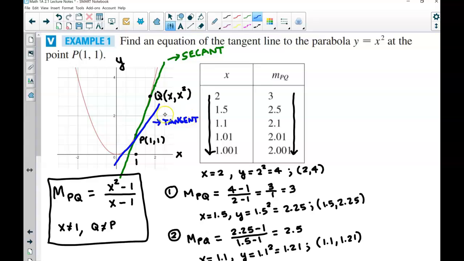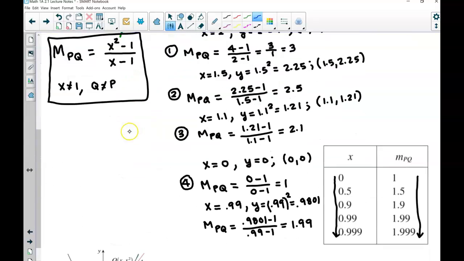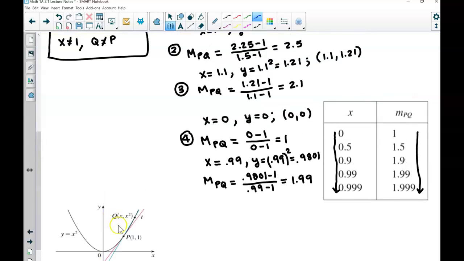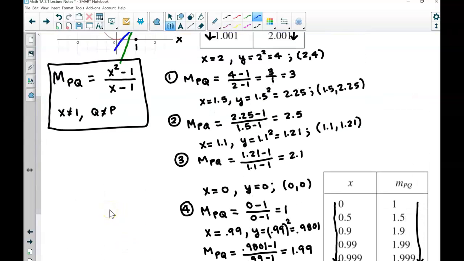Okay, so what we've determined from making our tables is the fact that our slope is equal to 2. So by looking at those two tables, it's approaching 2. So we can say that our slope is approaching 2.